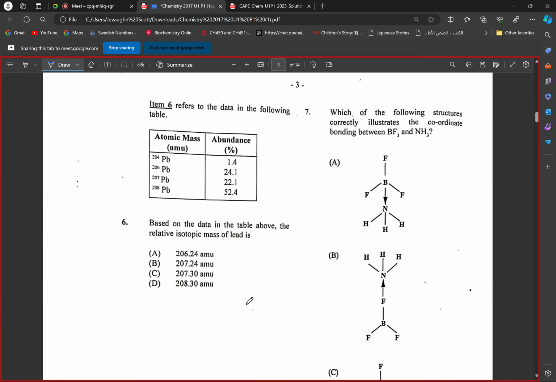Lovely. Right, so we're asked to look at the relative isotopic mass of lead. What is the relative isotopic mass of lead? This has been worked time and time again. So what's the answer?